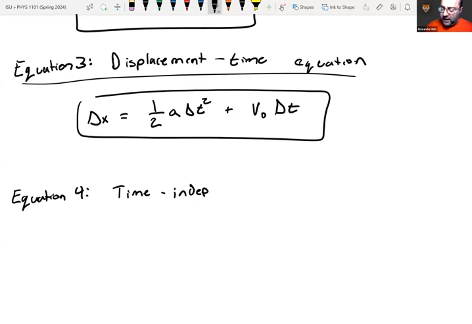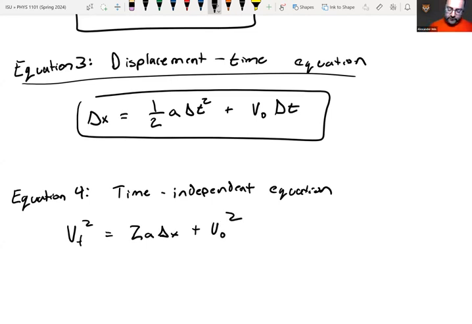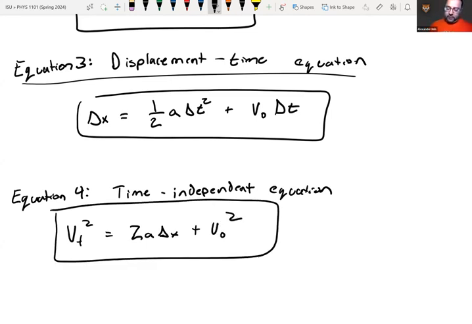It's the only one without time in it, and it looks like this: V final squared equals 2A delta X plus V naught squared. Notice there's no time in that one.